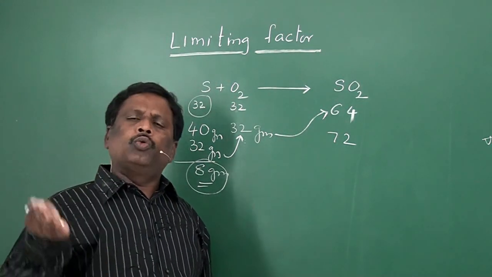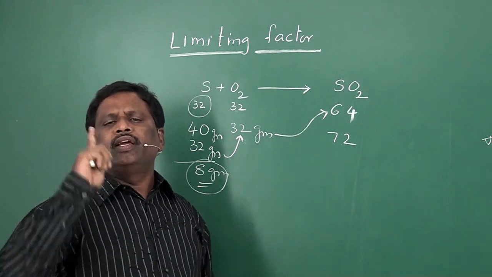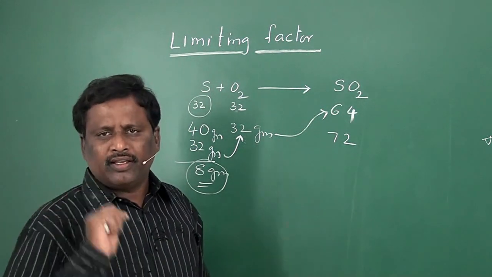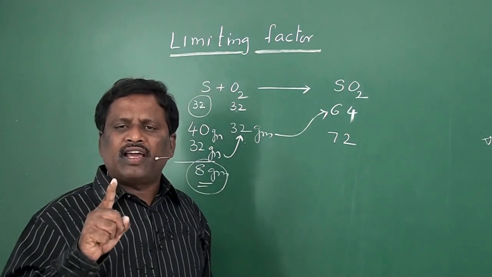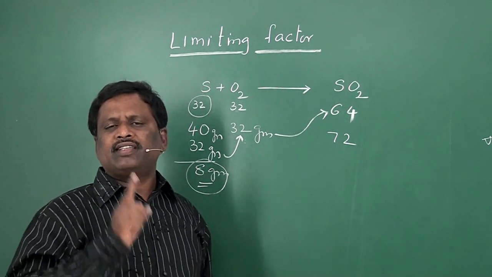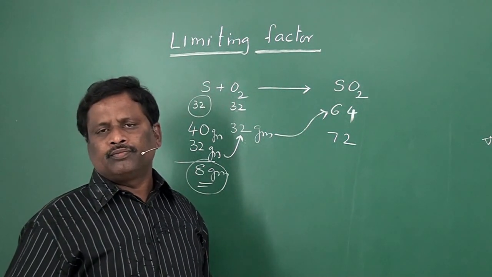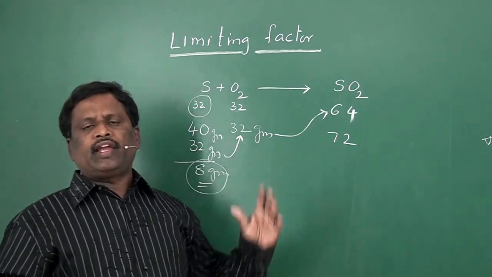The element which limits the chemical reaction is said to be the limiting agent. So in this reaction, oxygen will act as the limiting agent. This will happen in any reaction.